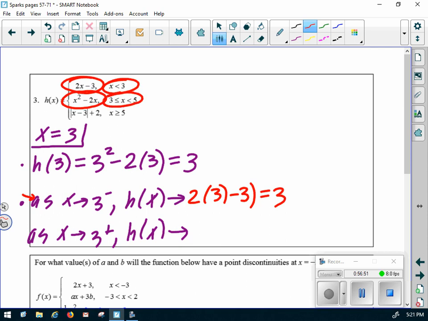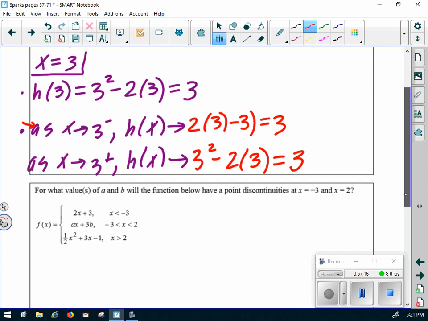Now, here's what you may say. That has numbers that are bigger than 3 too. Yeah, but it doesn't come up all the way to x equals 3, so you can't use that one. So we're going to use that second equation, 3 squared minus 2 times 3. 3 squared is 9, 9 minus 6 is 3.